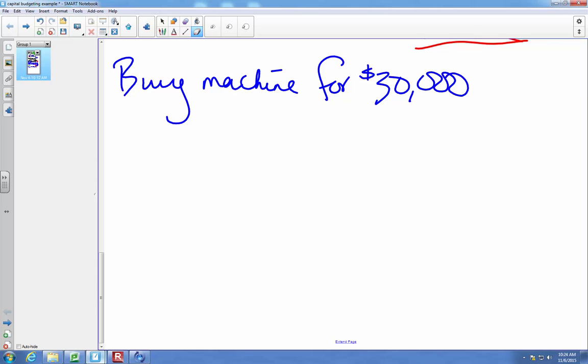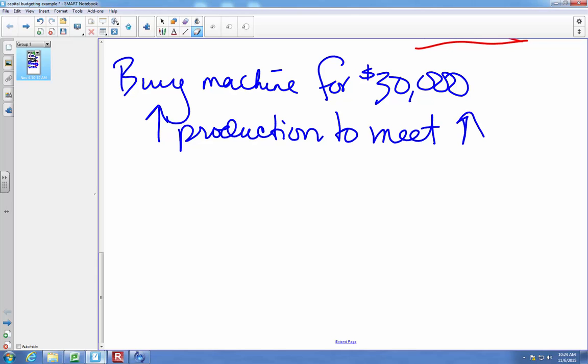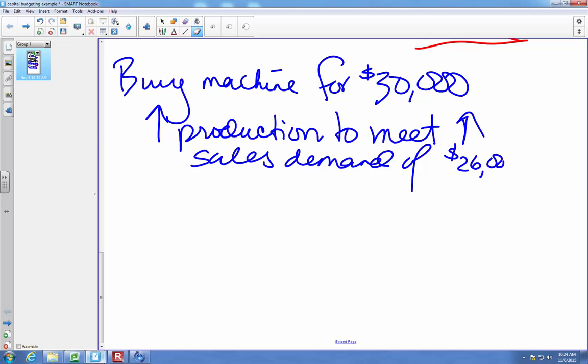It's a router, and it's going to increase my production to meet my increased sales demand of $26,000 a year.